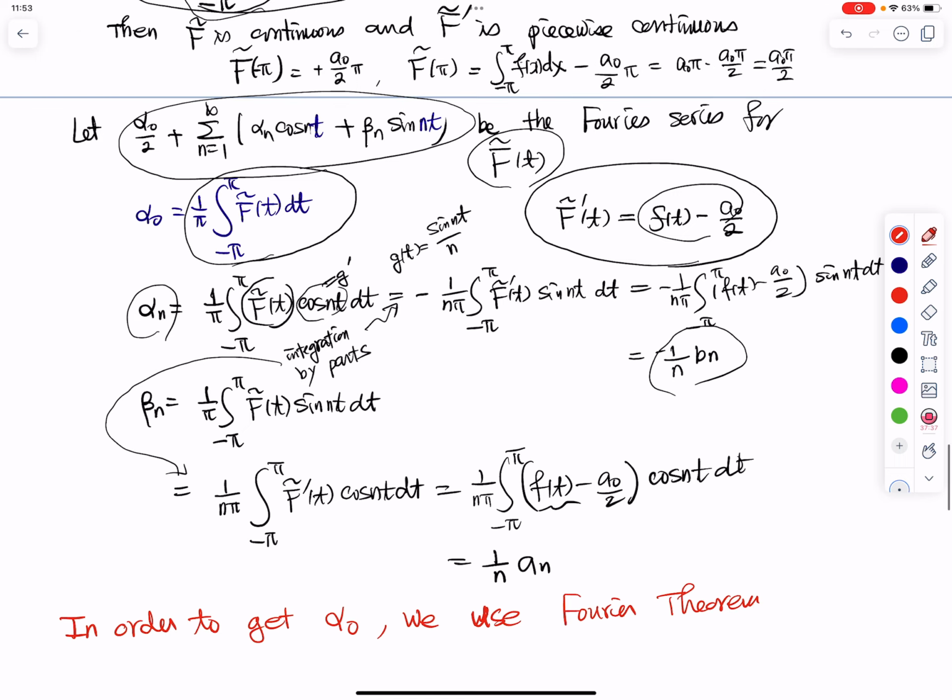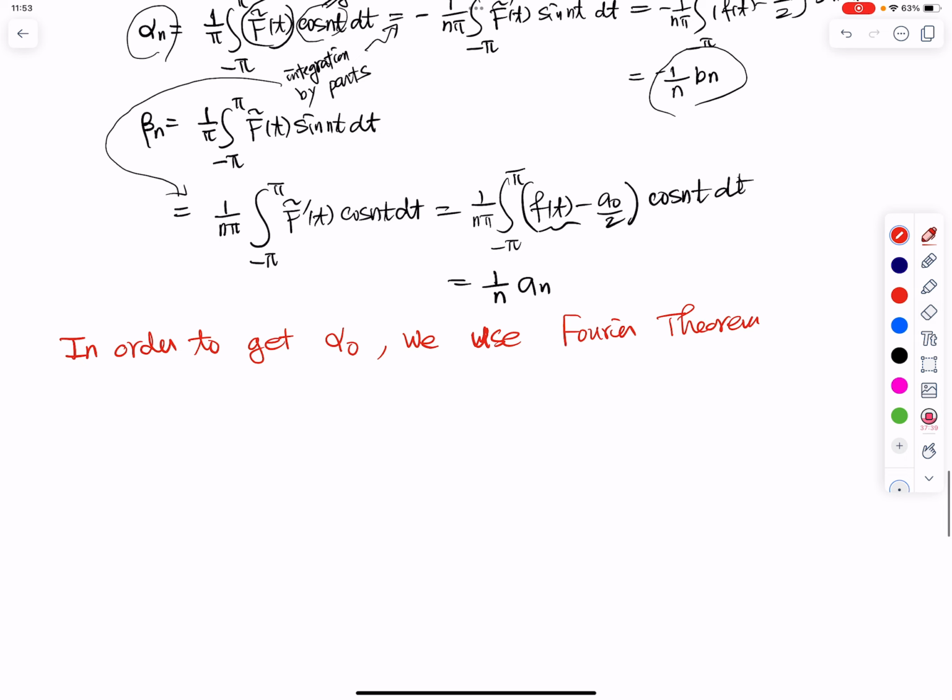What the Fourier theorem says is alpha 0 over 2 plus the sum from n equals 1 to infinity of alpha n cosine nt plus beta n sine nt.